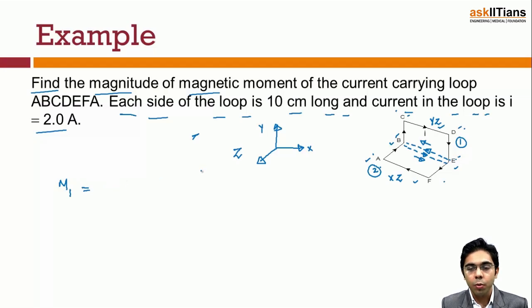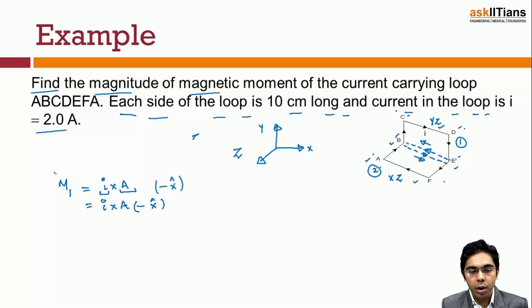It will come out to be in the direction of minus x. Let me write it as minus x cap or minus i cap. So what will be the magnitude? Magnitude will be current into area. So what is the area? We'll write this a little later. What is the current? I'm leaving this as I into A, and this will be minus x cap.